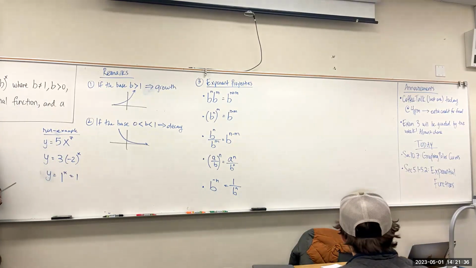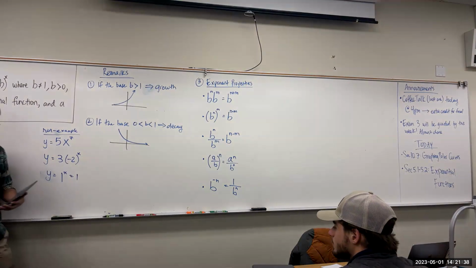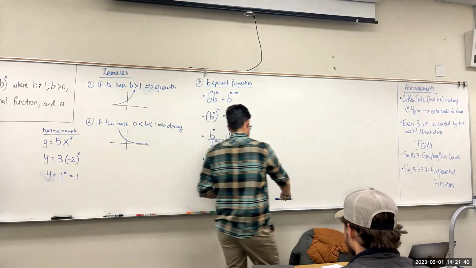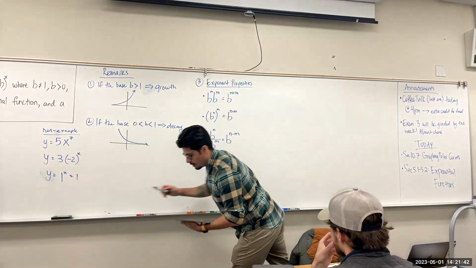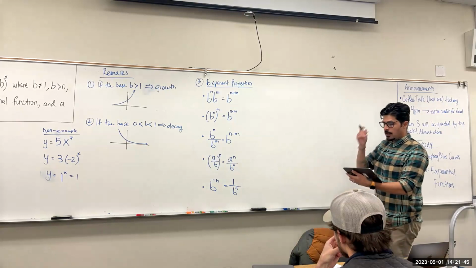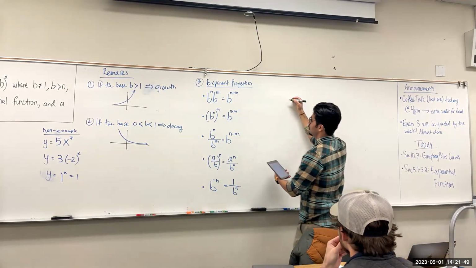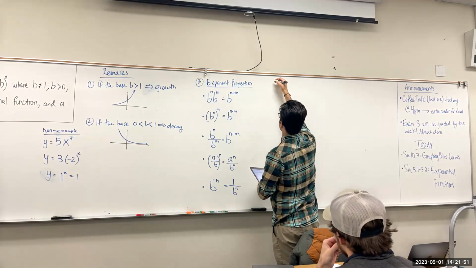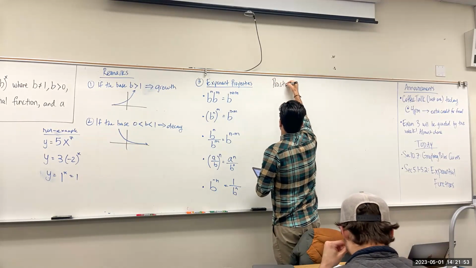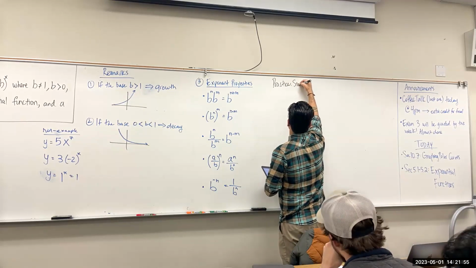Okay, we haven't seen them in a bit. All right, let's play with them, and then I'm going to have you guys test them. I'll do the first one with you. Okay, so simplify.